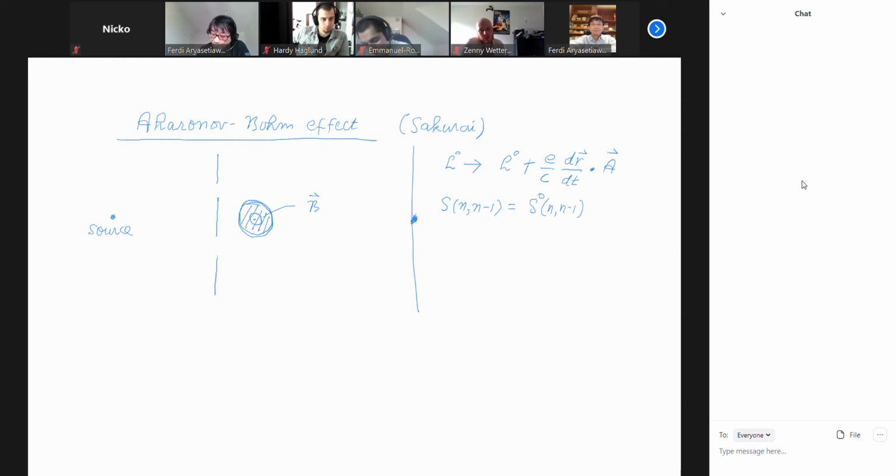So that will be plus c integral t_{n-1} to t_n dt, dr/dt dot A. But this is just an integral from x_{n-1} to x_n of dr dot A.